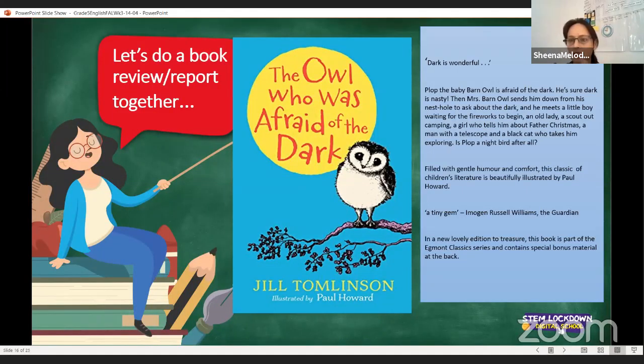All that writing is a summary that you find at the back of the book. Okay, so remember the 4 questions I'm going to ask you. Who is the author? What is the title of the book? Who is the illustrator? What do you think it's about? Is it going to be funny? Is it going to be serious? It's going to be exciting. Okay.